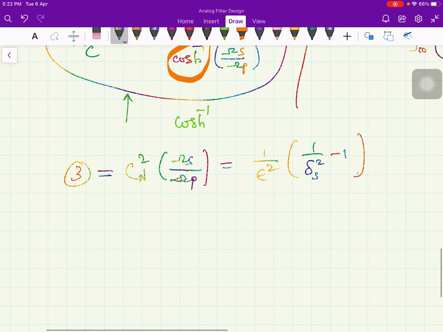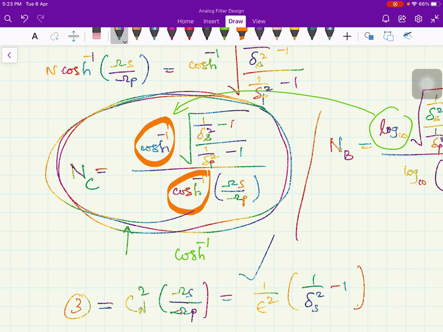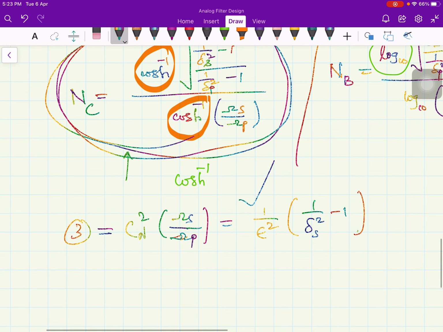Now, using this intermediate equation, we can calculate the order of the filter by trial and error method instead of using this formula. In case you do not have access to cosh inverse, omega s by omega p is a number, right?